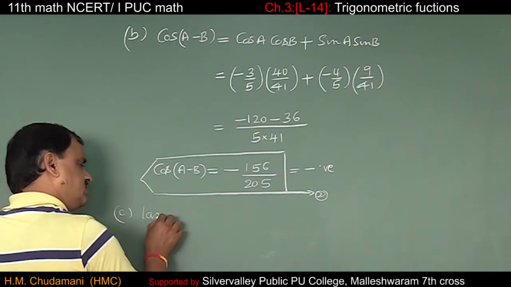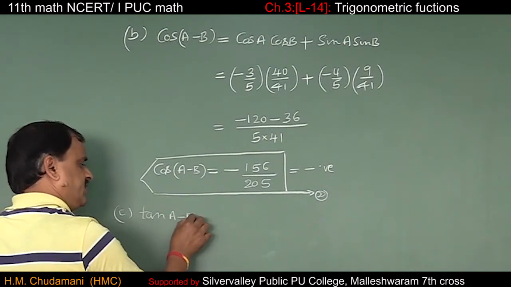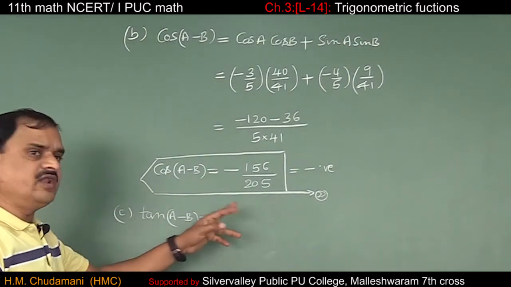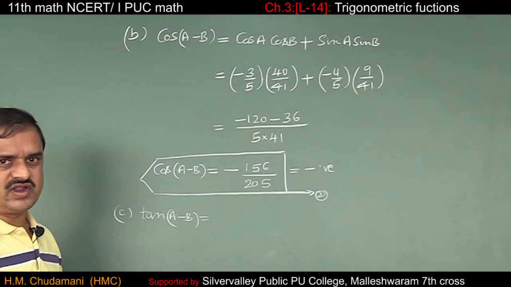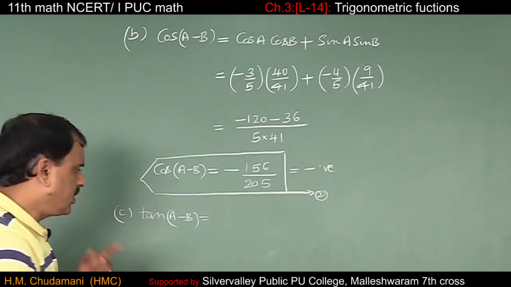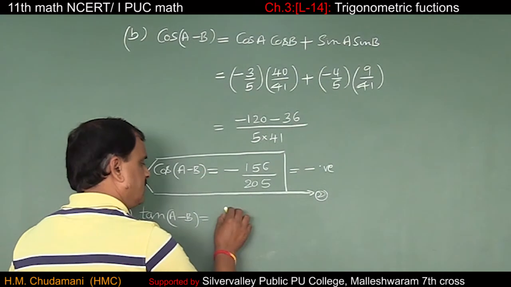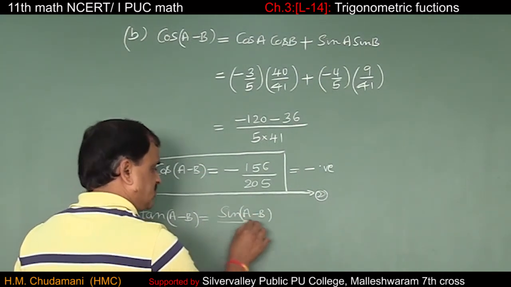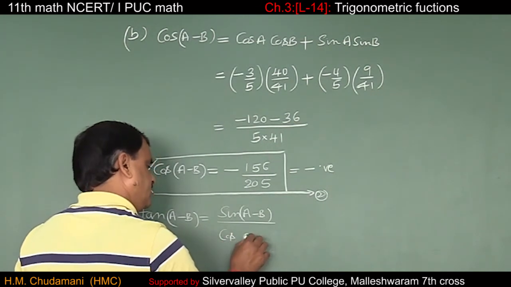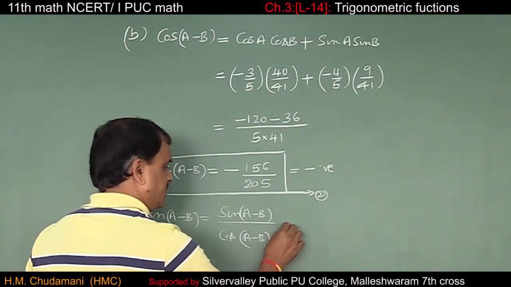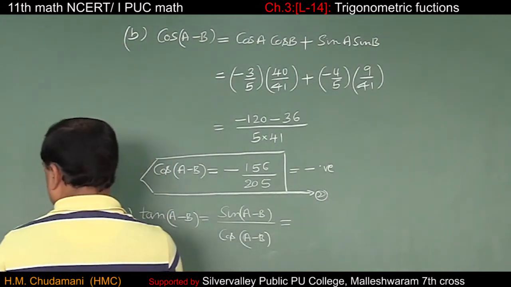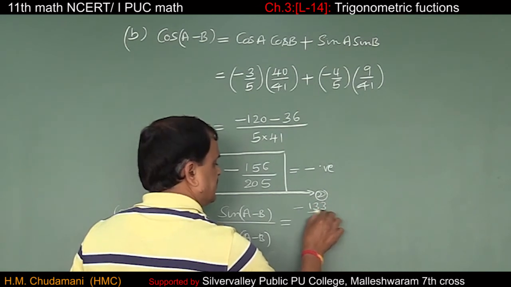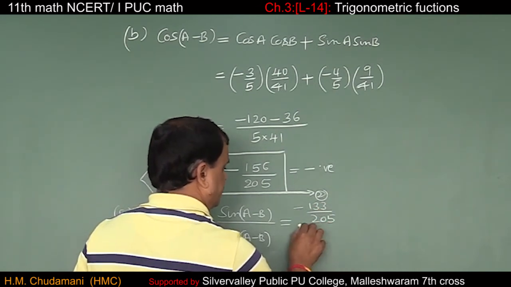Let us find out tan of A minus B. You can find this by using two methods. Tan A minus tan B divided by 1 plus tan A into tan B, that is one method. Or else, once we get sin of A minus B and cos of A minus B, I'll use the quotient relation: sine of A minus B divided by cos of A minus B. Look at equation 1, minus 133 divided by 205.